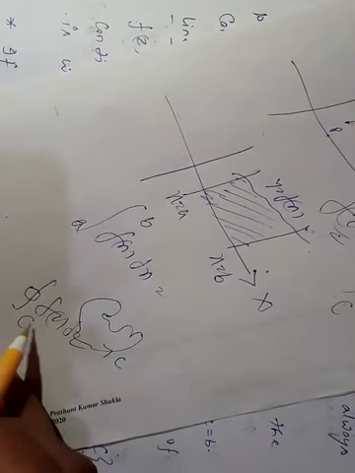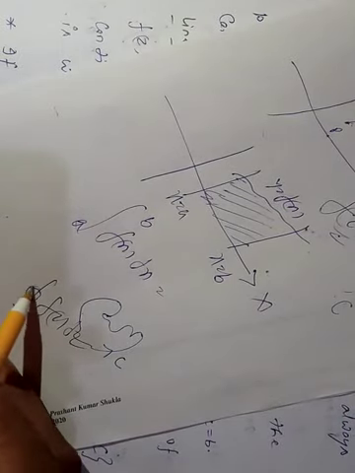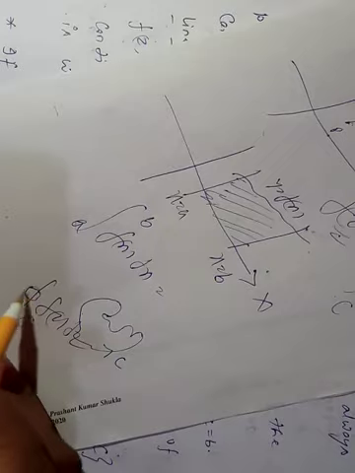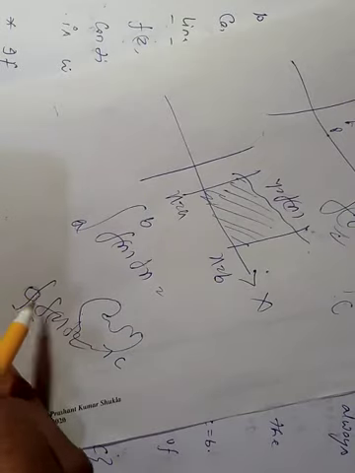Here curve c is a closed curve, so this is the symbol for a closed curve.